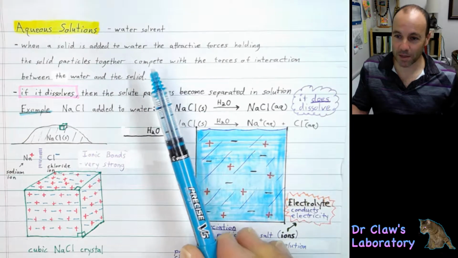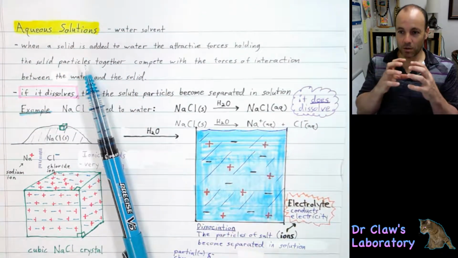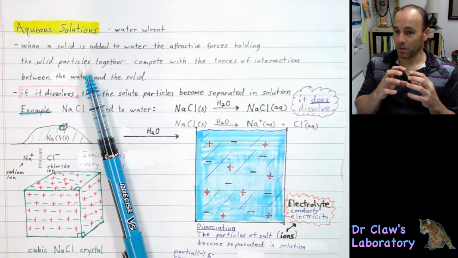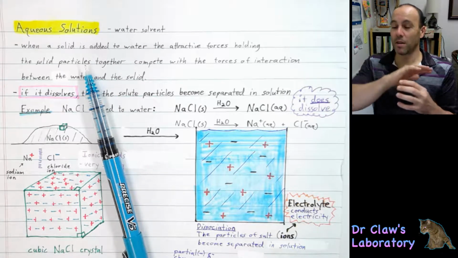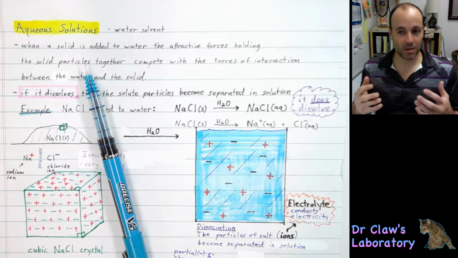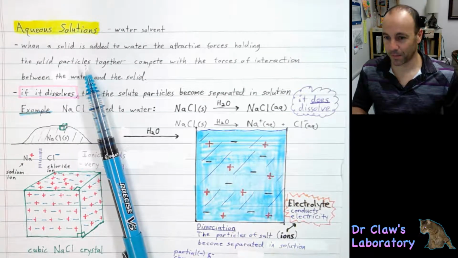You see, there's a competition between the interactions of the solute particles among themselves and the interactions of the solute particles with the surrounding water, and it turns out that those solvent-solute interactions win out, and that's what allows it to dissolve.